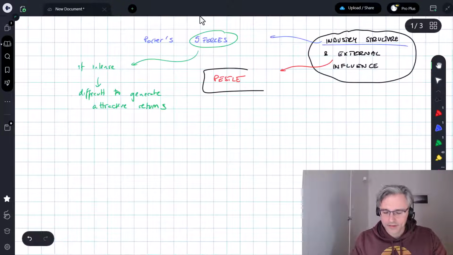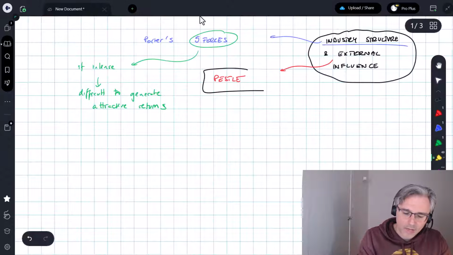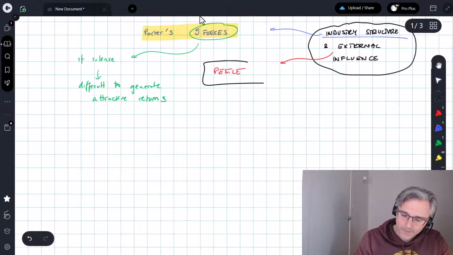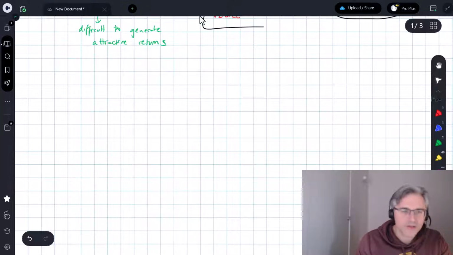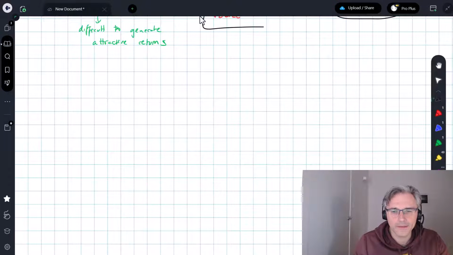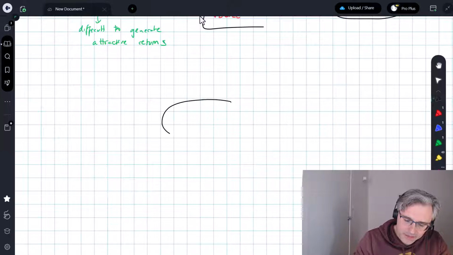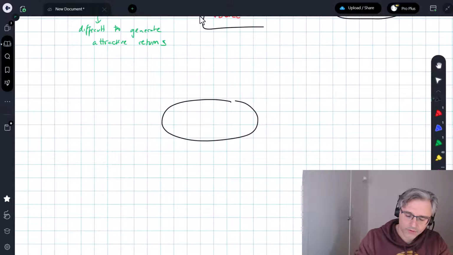Right, let's get cracking with Michael Porter's 5 forces framework. These forces are typically depicted; there are different ways in which you can do it. What typically happens is you draw boxes or bubbles.